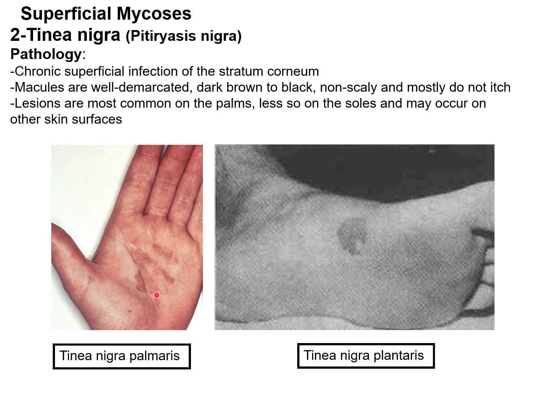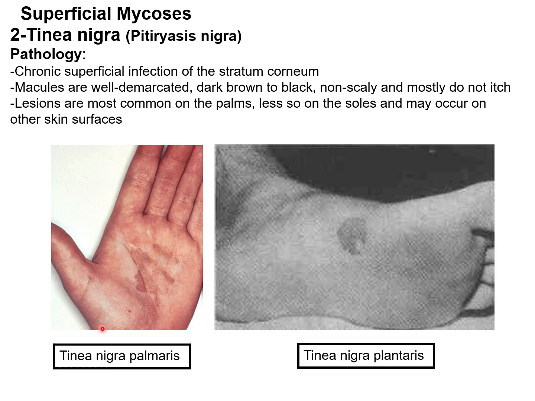The coloration is brown to black, and that's because the agent that causes them is actually a dematiaceous pigmented agent. This is why we see this coloration. They do not itch, and they do not have any scales on them. They're more commonly seen on the palms and less so on the soles.